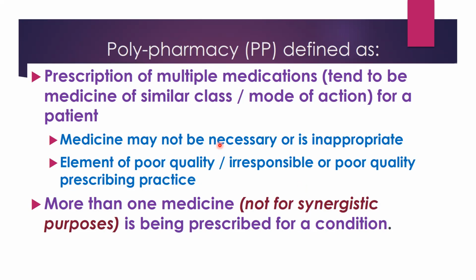Often it reflects miscommunication or inappropriate communication between the prescriber and the patient. Sometimes the patient also conceals information because they do doctor hopping, doctor shopping or pharmacy shopping, meaning they purposely go to see different doctors.